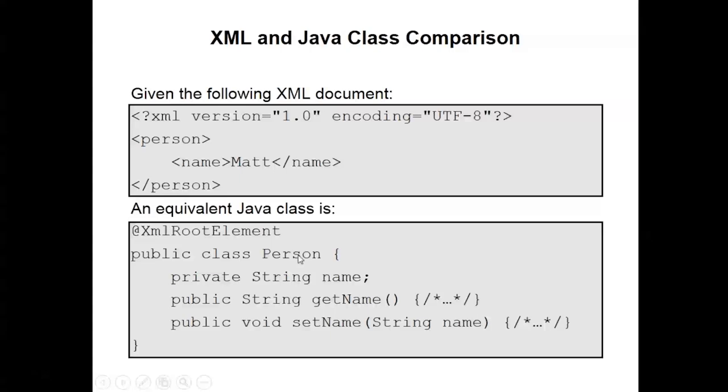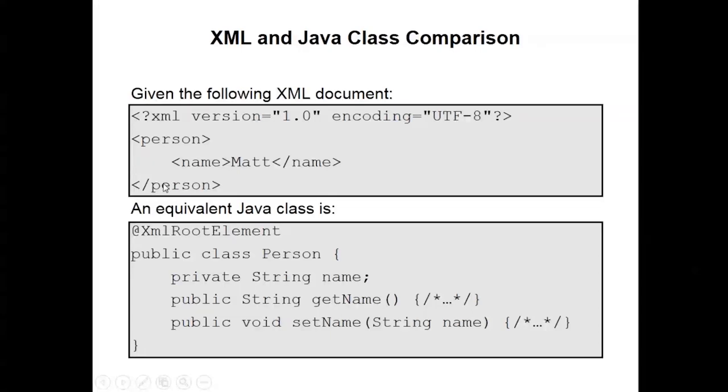Inside my class, the class name is Person, and the annotation name is @XmlRootElement. So if I use @XmlRootElement for a particular class, then that class name will be the root element in your XML file.